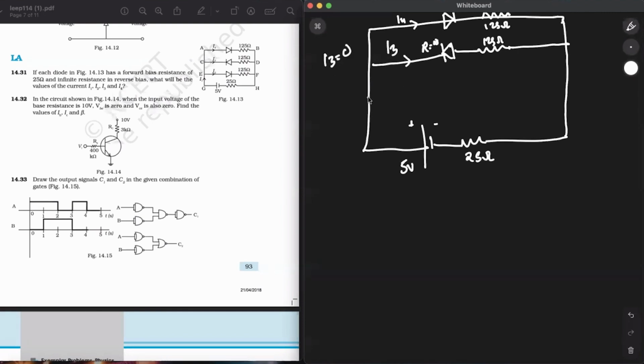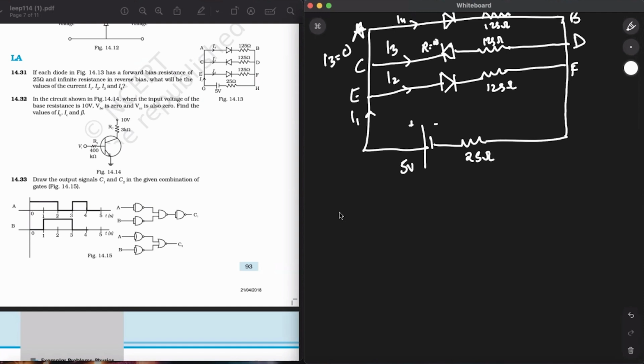Now, forward bias condition. There's a 25 ohm resistance due to this diode and 125 ohm over here. And this is the current I2. Finally, we have a current I1 which is leaving this battery. So the branches I'll name A, B, CD, which we can ignore since there's nothing over here, and EF.